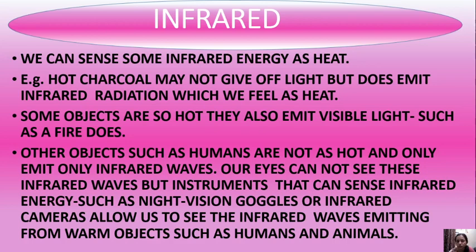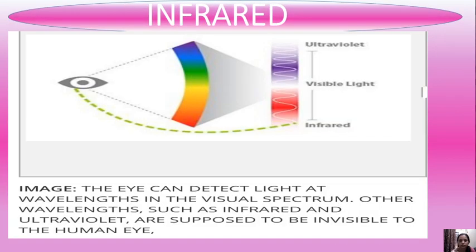So it is barely visible, but using night vision goggles and infrared cameras, we can see these waves. So this is the concept of infrared. Here you can see another image.